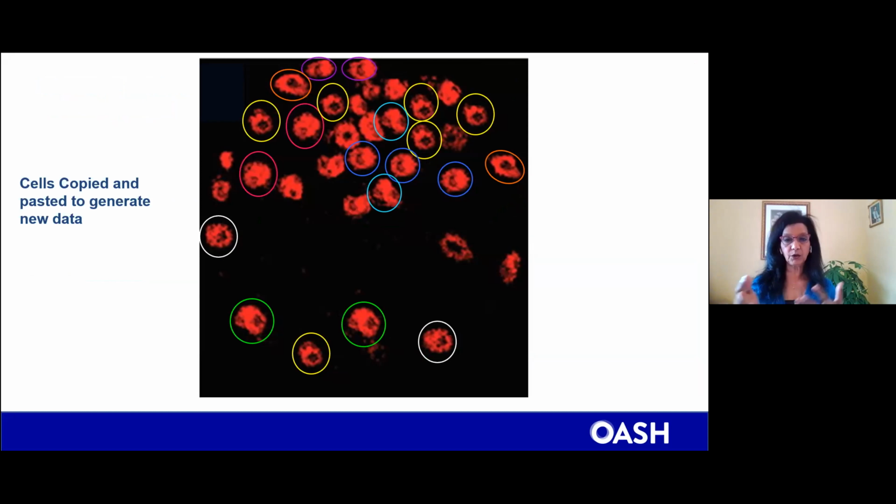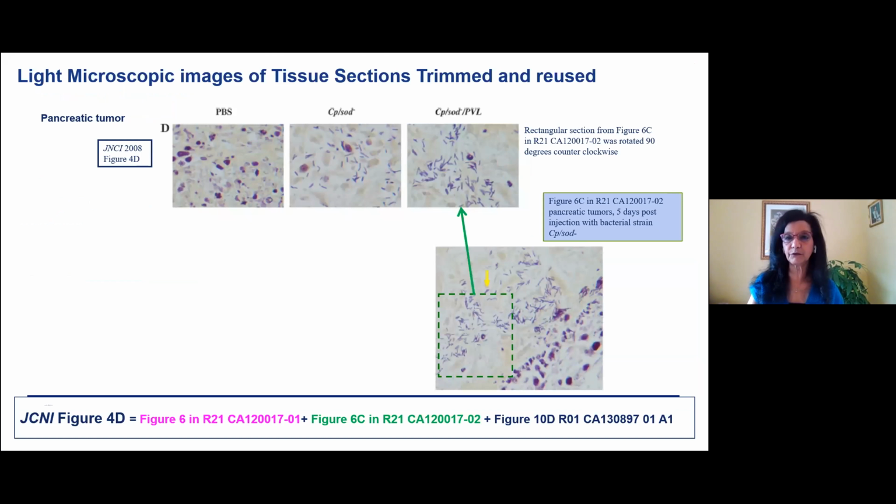You can see the color-coded circles are exactly the same cells, copied and pasted to generate this new image data. And these are probably possible to detect without going through one by one visually. So I think that might be a simple thing for technologists to do.